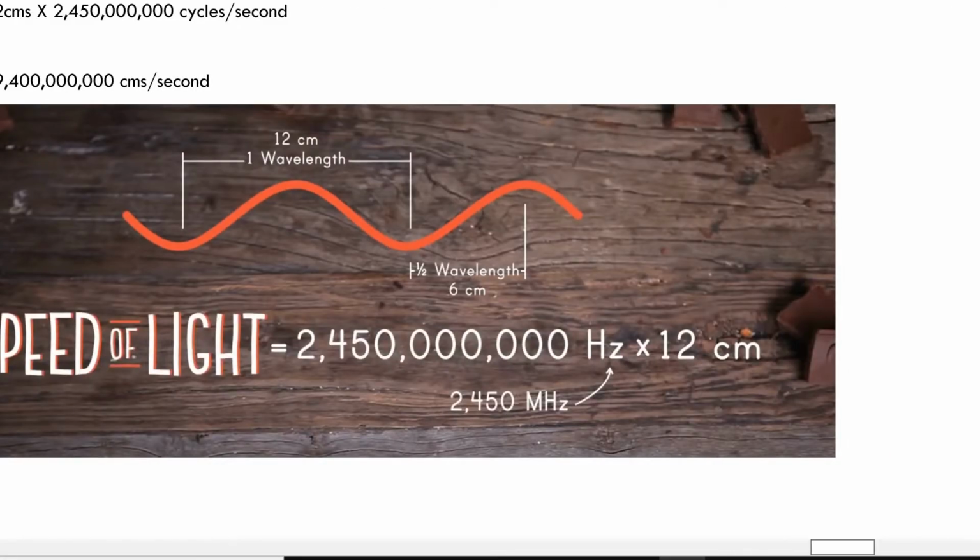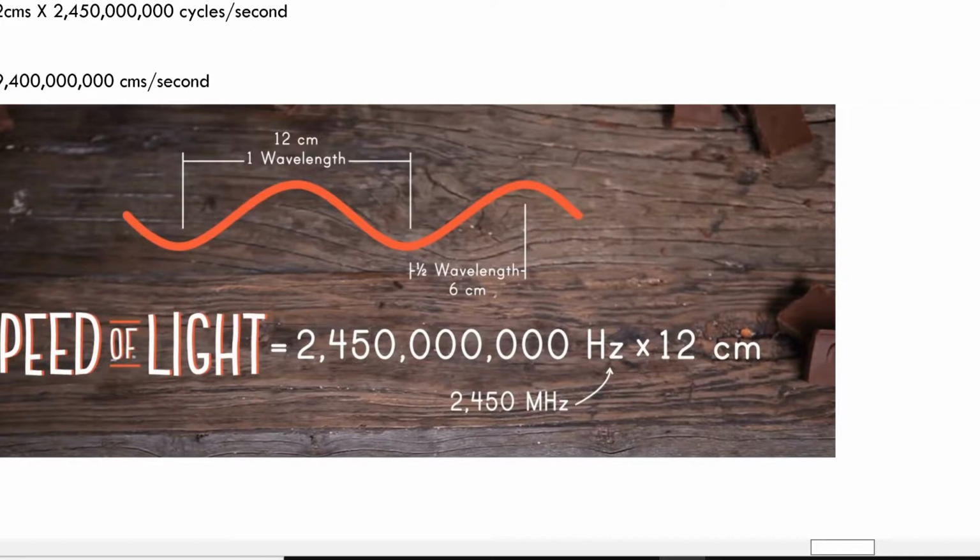If 1 megahertz is 1 million cycles per second, we need to do this conversion because we are calculating the wavelength in centimeters and we can't have the frequency in megahertz. To convert 2450 megahertz into hertz, you need to multiply that by 1 million.